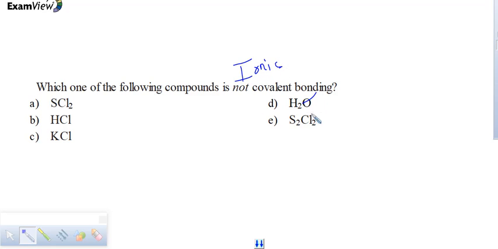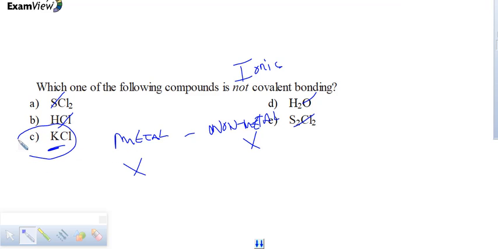So that's covalent, covalent, covalent, covalent. Now you know this is ionic because it has a metal and it's combined with a non-metal. So metal with a non-metal, they're coming from different sides of the table, and that's what we get for an ionic bond.